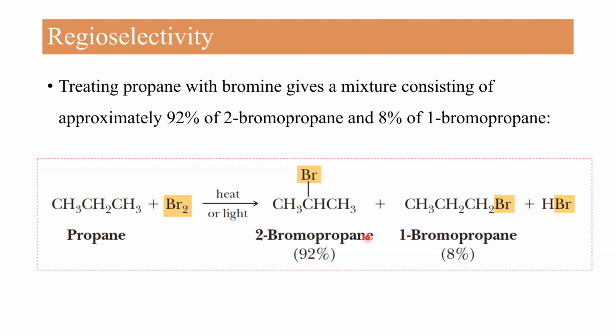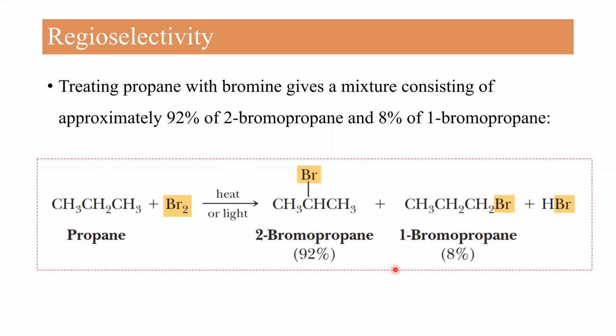Now you can see the percentages I have mentioned here. 2-bromopropane is 92%, and the other product appears as 8% of the total product.